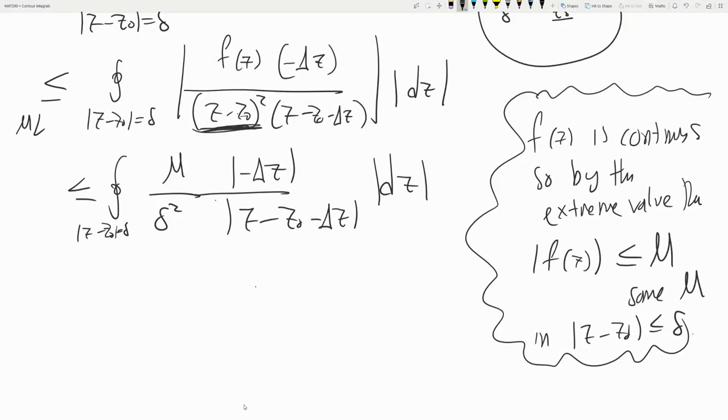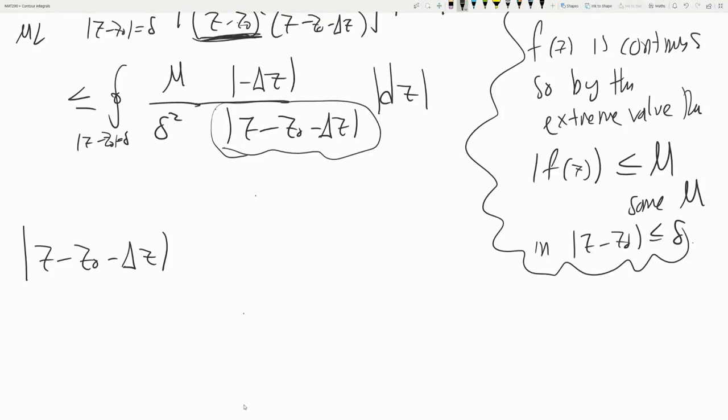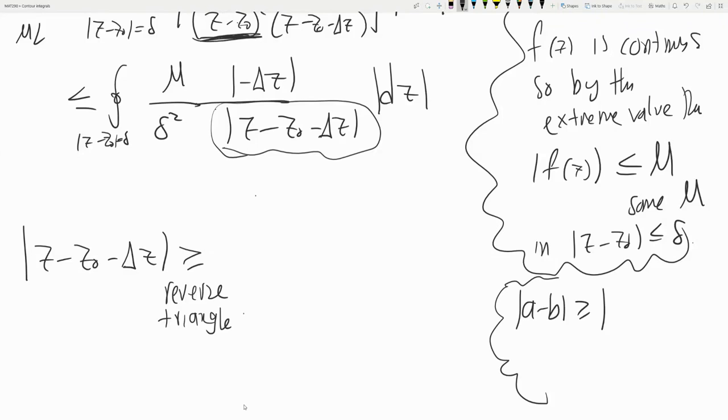Now let me explain how they estimate in the book the very last term. Here you do what is called the reverse triangle inequality. Let me write in a bubble. If you have a minus b, you can do the following. The triangle inequality says this is less than a plus b.